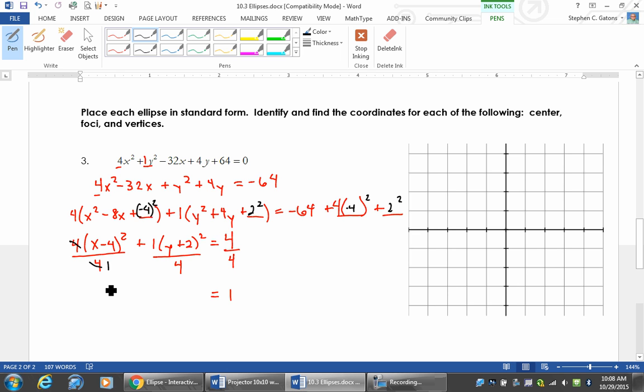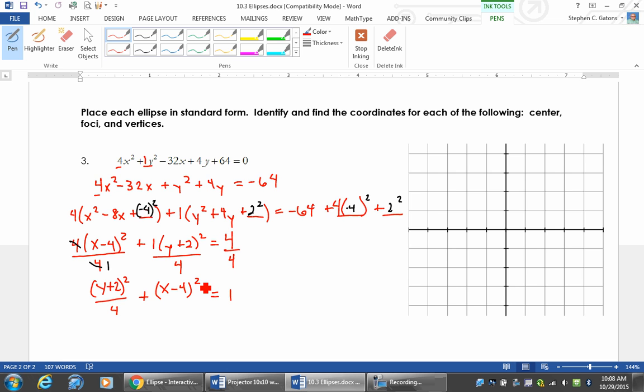And when you recopy it, you want to put the biggest denominator first because you want it to be standard form when you're done. So you're going to end up with y plus 2 squared over 4 plus x minus 4 squared. And you may leave it just like that. However, I don't like doing that.